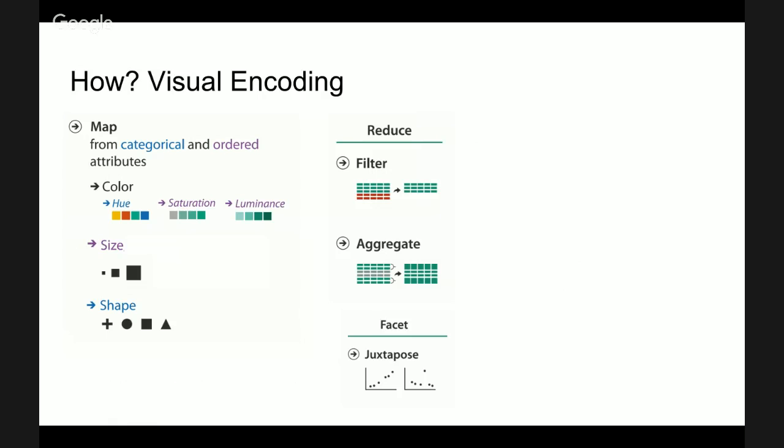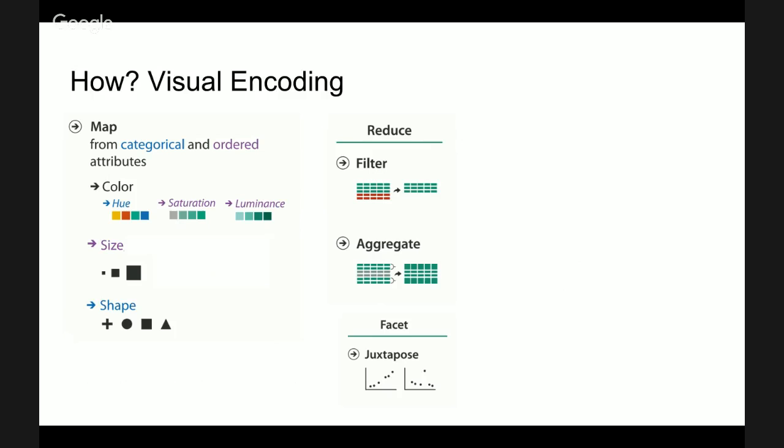And now the, I guess, most exciting question: how do we do the visual encoding? So how do we represent the data? And typically in data visualization, what we do is we design a visual encoding, which is a mapping from the data fields to some encoding channels.